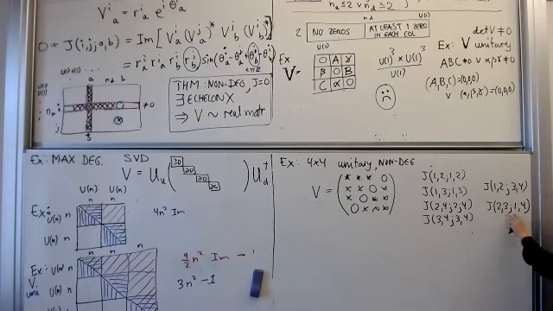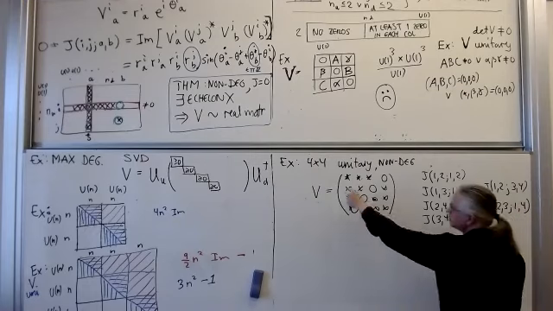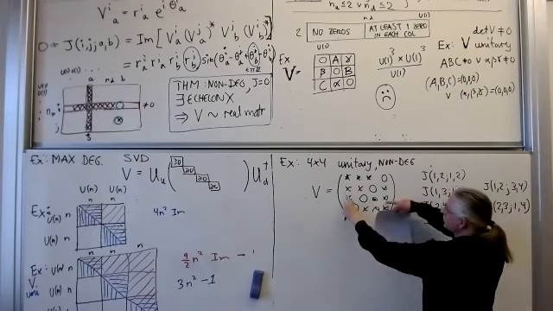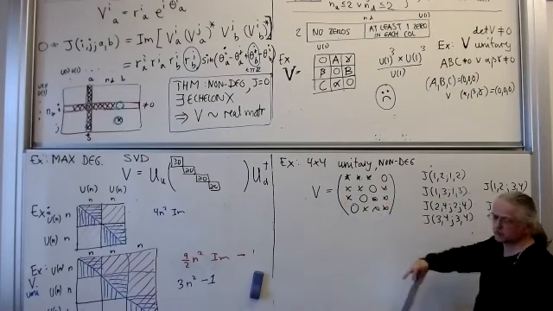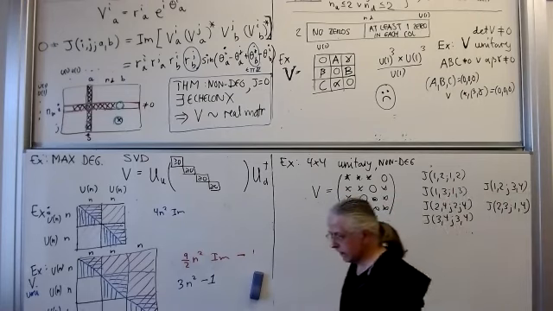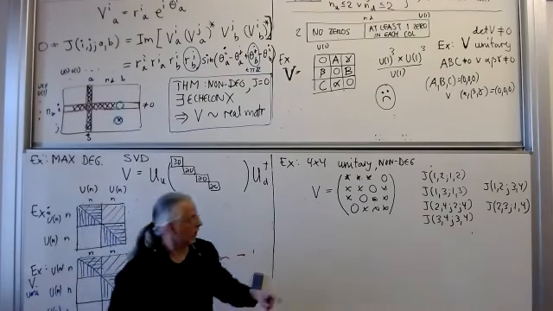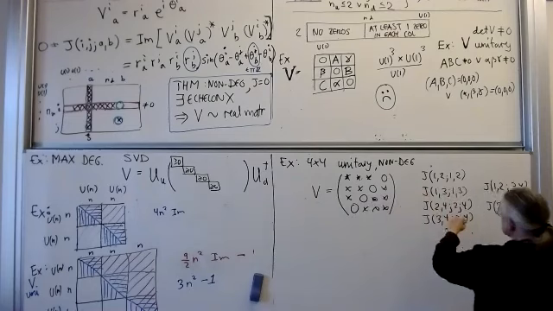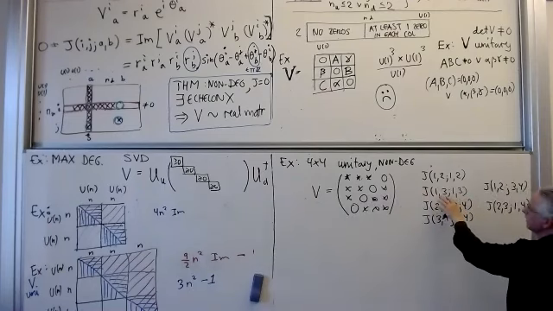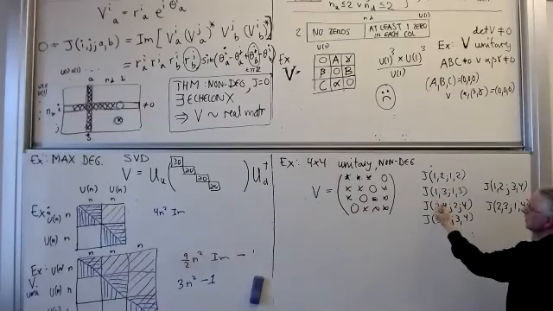So for instance, the 2, 3, 1, 4, there will be 2, 3, and there will be 1, 4. So it means these 4 elements which are not 0. But it turns out that because of unitarity, all of these are 0, because you can use this trick where you sum over one entry, you should get 0.